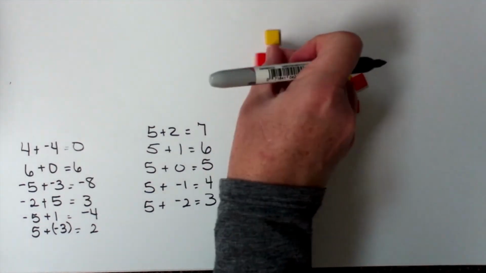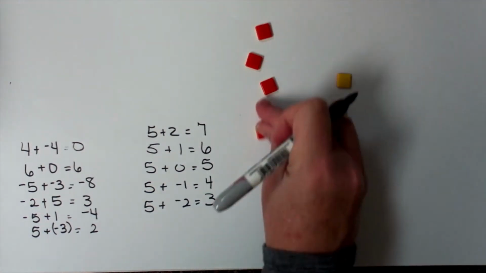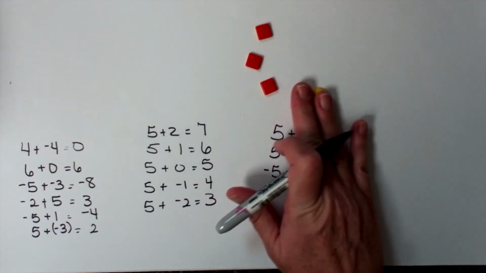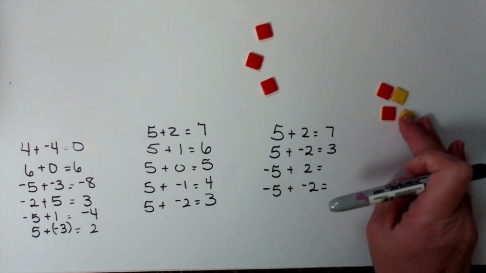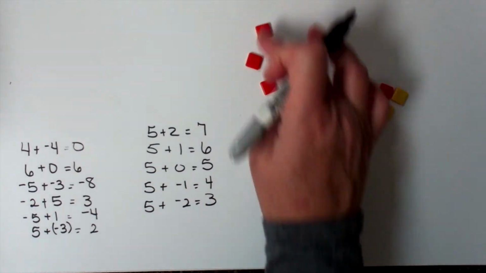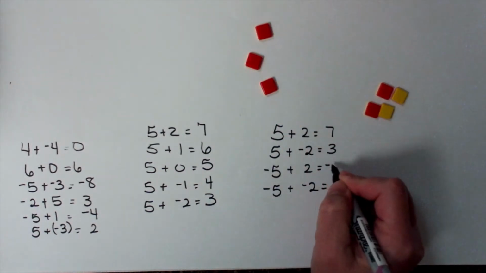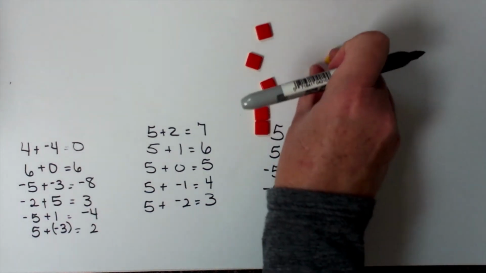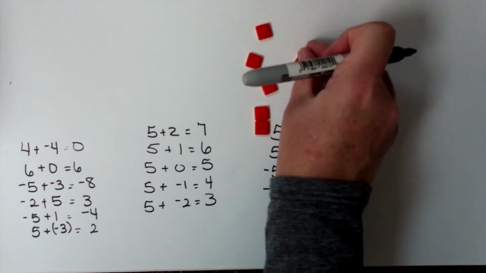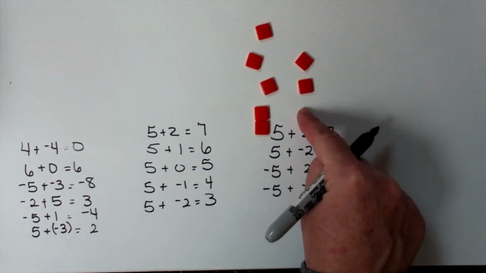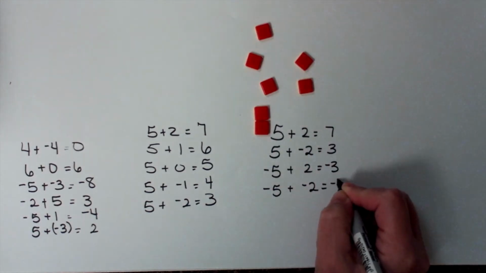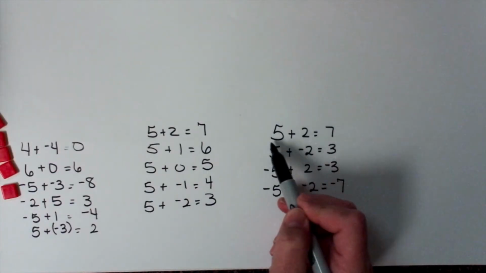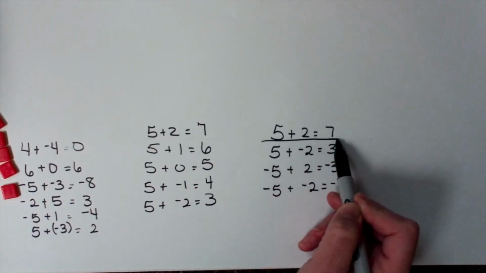Now if I have negative 5 plus positive 2, I take these away because I'm zero pairing out, right? And I have what left? Negative 3. At this point, I've got negative 5 plus negative 2, and I count them all together because they're alike, and I have negative 7. Now we can look at the pattern. If I had a positive and a positive, I continue to add and I have a positive.